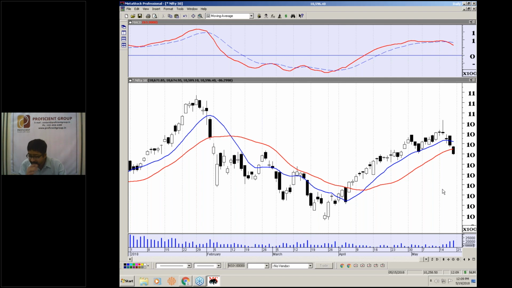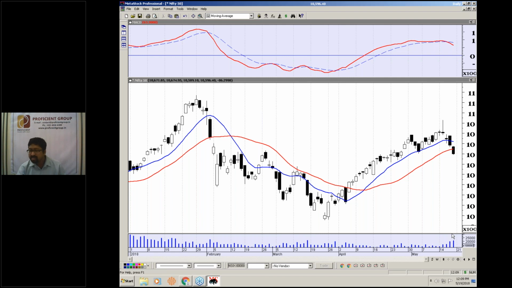But nevertheless, it was a sell signal, and this low of 10,600 was actually broken yesterday. Not only that, prices also broke the 26-day exponential moving average. So there is some inherent weakness in prices.